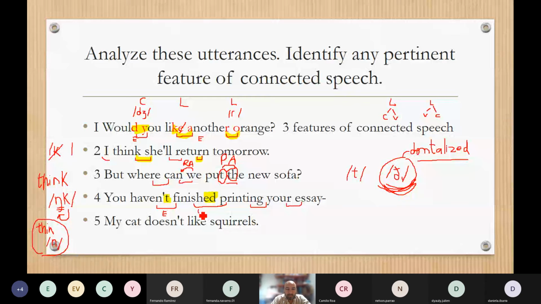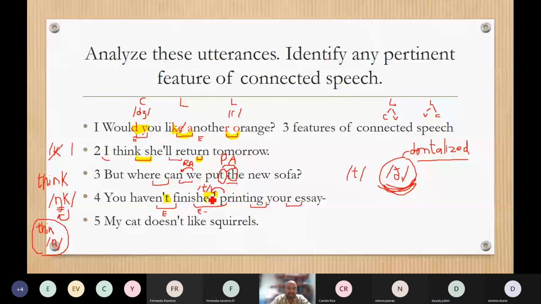The other option is that the p is influencing the previous sound, which is t, so the t becomes more like a p, finished printing. So you have two options there. It's an assimilation. Exactly, an assimilation. It's going backwards.